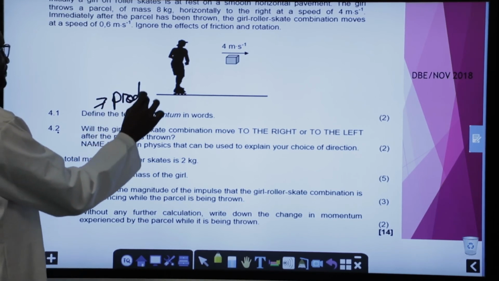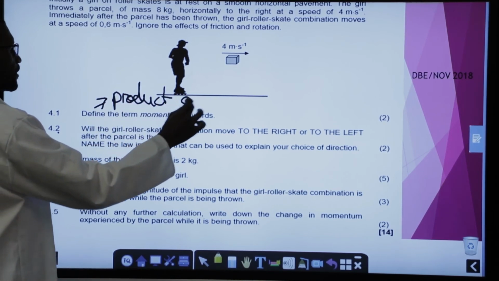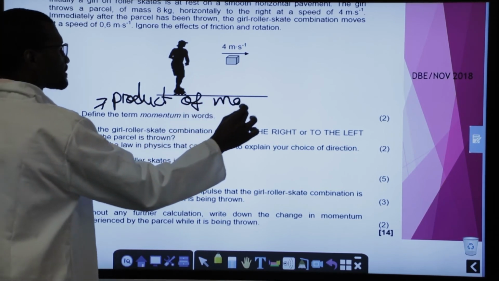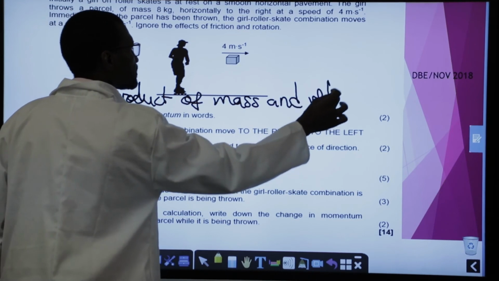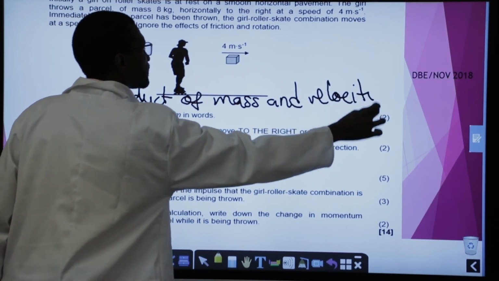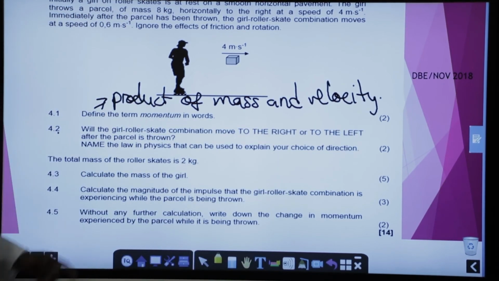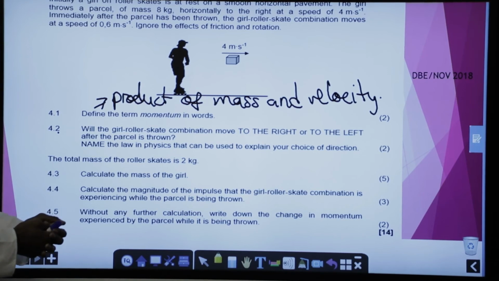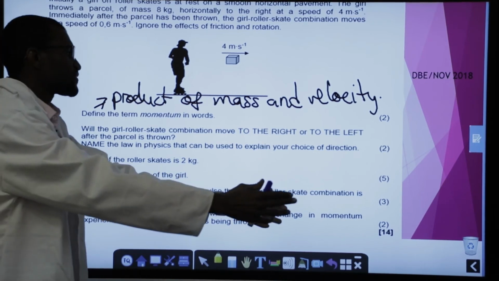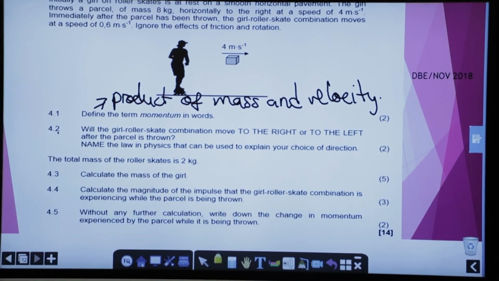Products of mass and velocity. That's momentum.